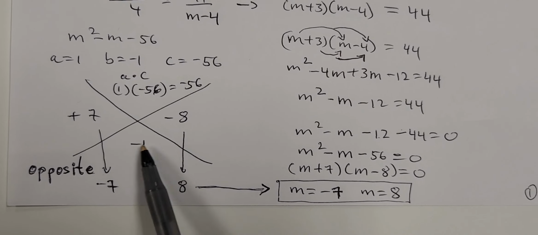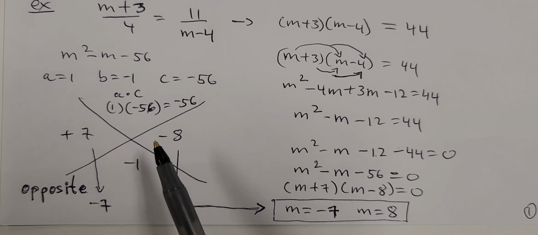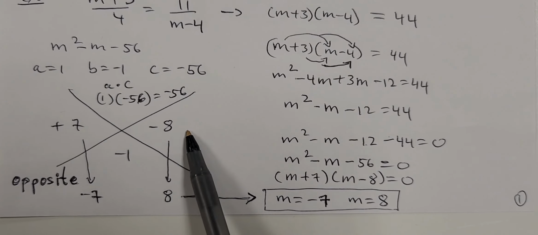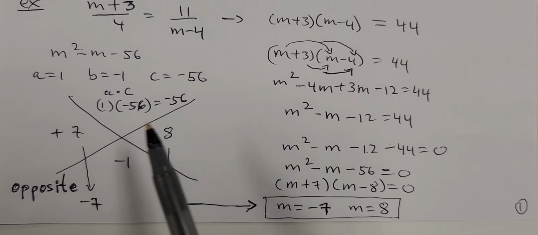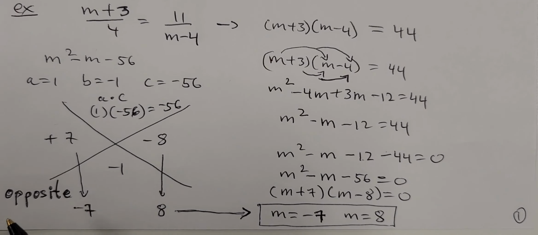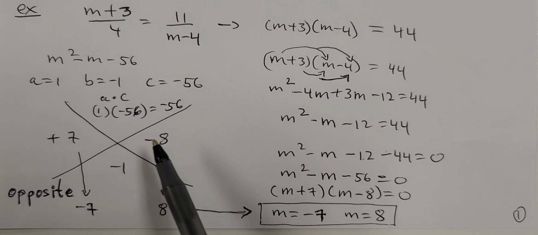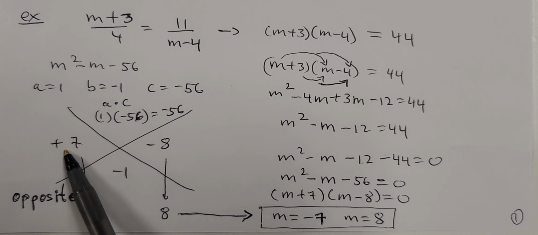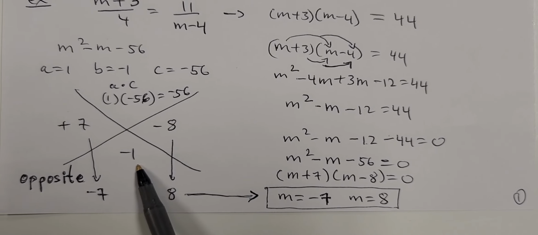The only two numbers that give me negative 56 and negative 1 are 7 and 8. 7 must be positive, 8 must be negative, and here's the reason. Positive 7 times negative 8 gives me negative 56, and 7 minus 8 gives me negative 1.